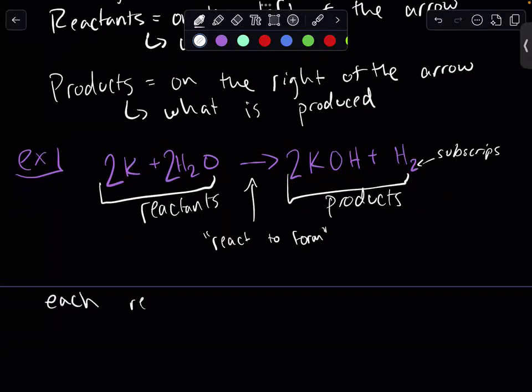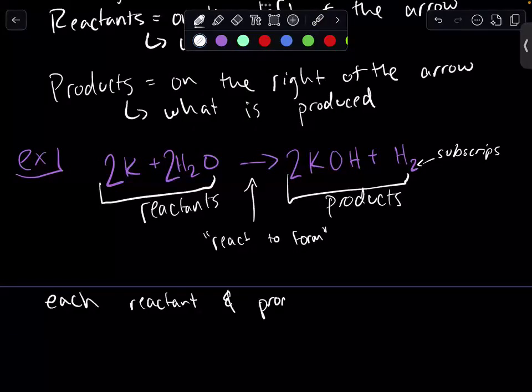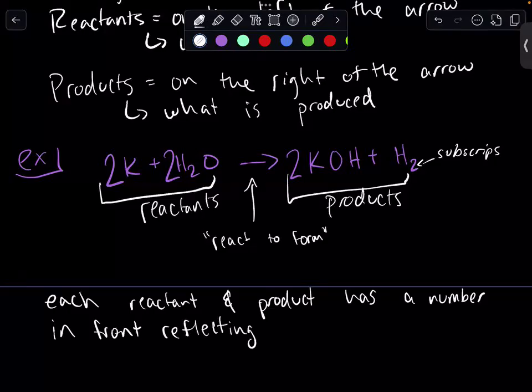So each reactant and product has a number in front reflecting the amount of that substance.